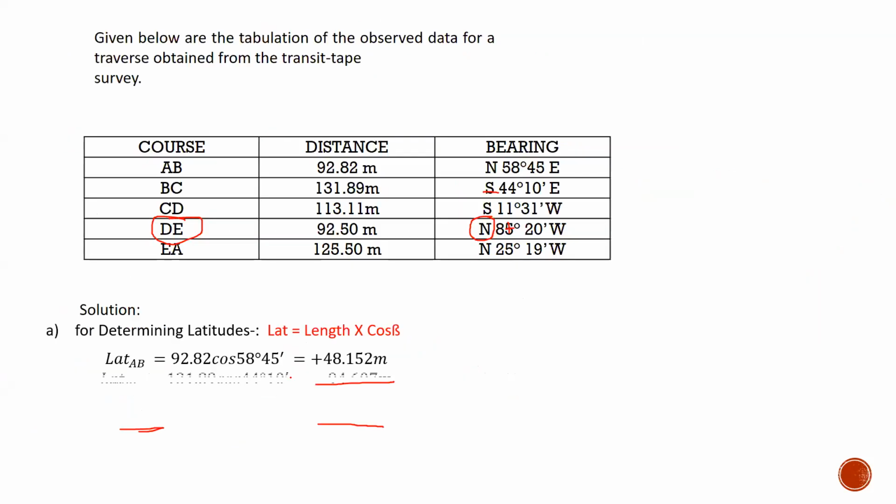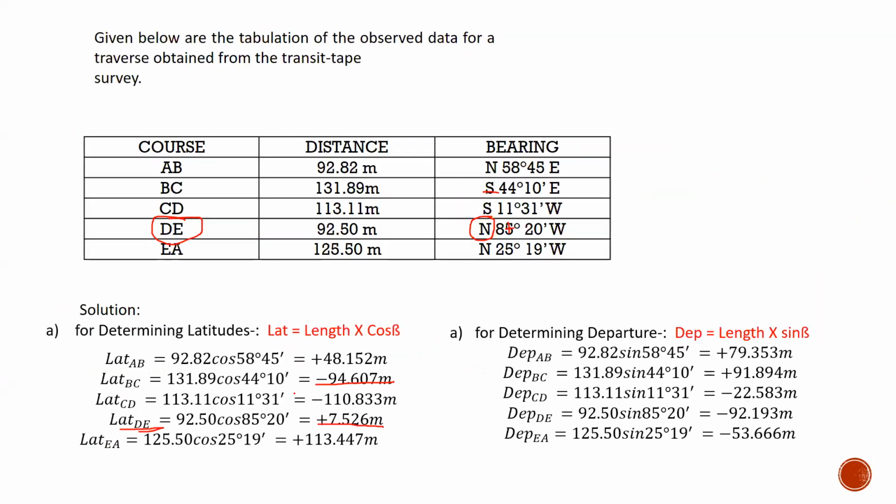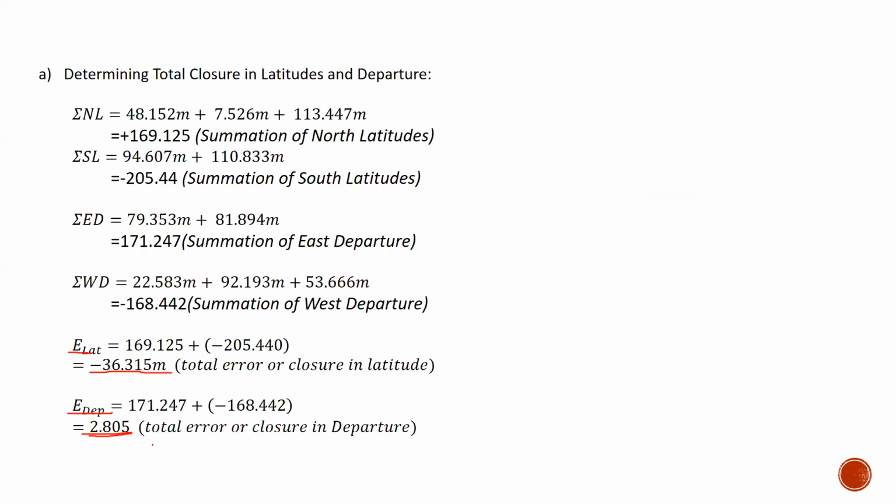So, ganito ako mag-isip sa problem pag ganito. Kung mas marami yung east natin, kailangan kong bawasan yung east. And kailangan ko dagdagan yung west. So ibig sabihin, kailangan ko mag-subtract sa east, kailangan ko mag-add sa west. Nakukuha? For example, mas marami yung west natin, -5, let's say, yung error sa departure natin.